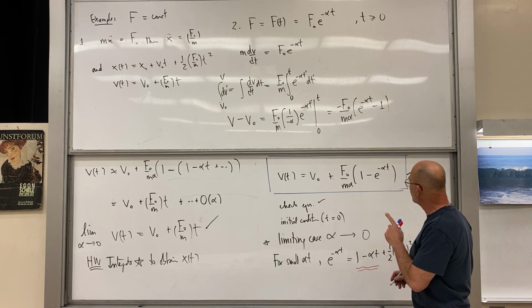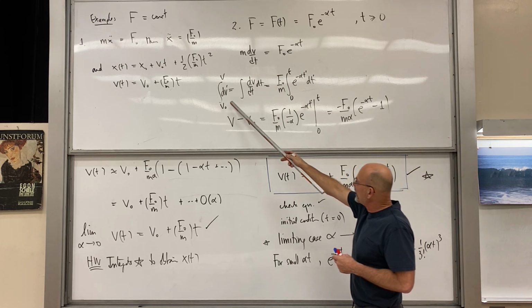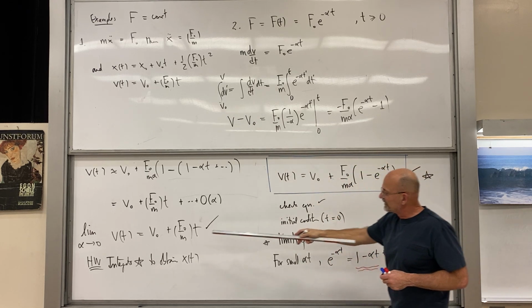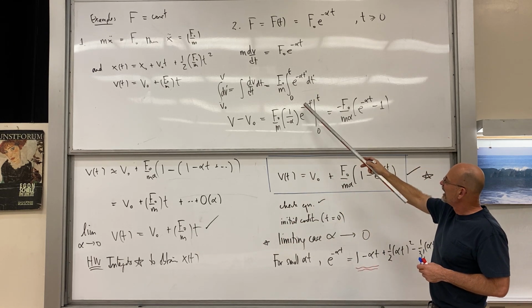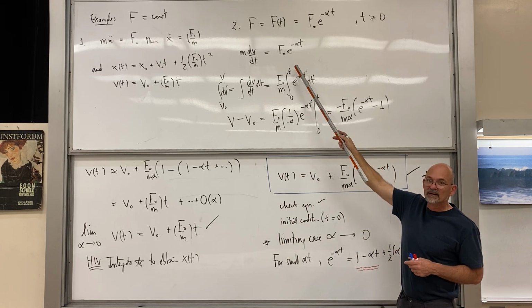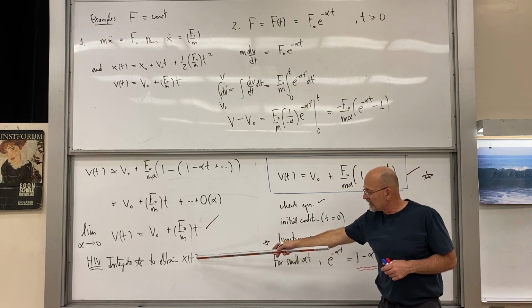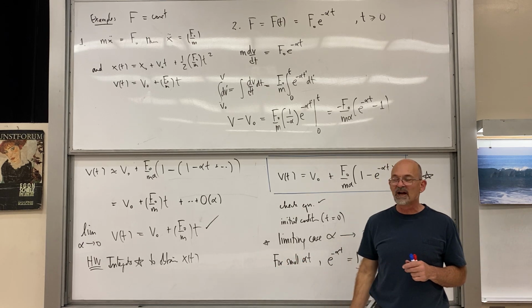And very important, when you integrate the way I did here, do the same thing for x. You know, get x minus x naught on the left, and then you'll integrate this thing up here with respect to time and go from 0 to t. If you do that, you will not have any undetermined integration constants.